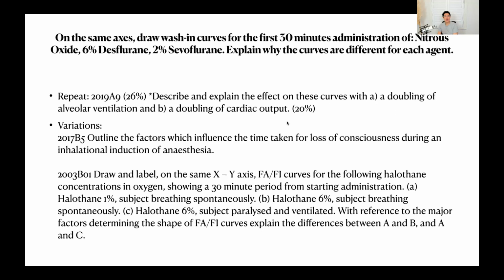And I think that they probably did this because there's quite a bit to actually answer in the initial question. But I think that a good answer would have the effect of alveolar ventilation and cardiac output and how it affects these curves differently.